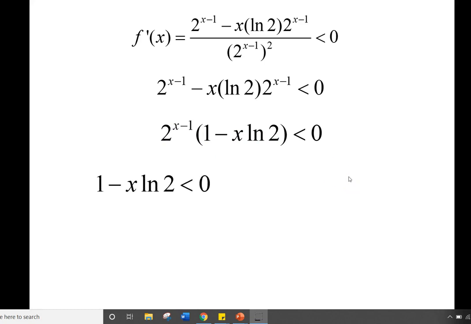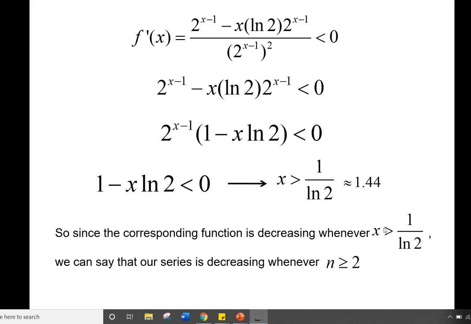Well, if we set that inequality up and we attempt to solve for x, add the x times natural log of 2 to the other side, divide by the natural log of 2. In other words, whenever x is greater than 1 over the natural log of 2, which is some small decimal, we have a decreasing function because this expression would be negative. And that number is about 1.44.